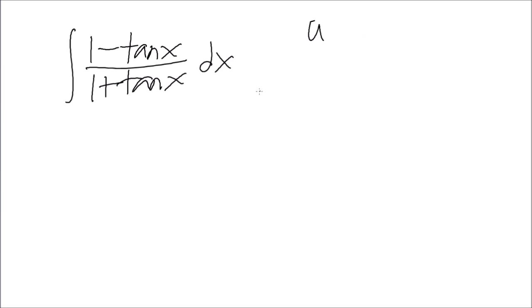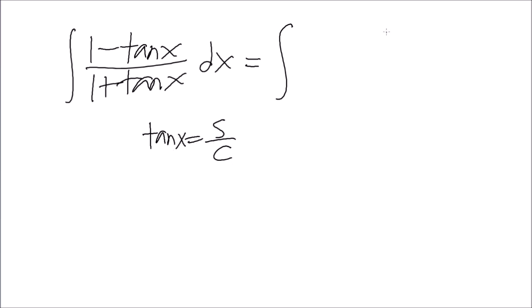But here's what I can do. We can turn this integral into terms of sine of x and cosine of x. And how do I do that? Let's multiply cosine top and bottom. Now, why am I multiplying by cosine? It's because tangent x is equal to sine x over cosine x.